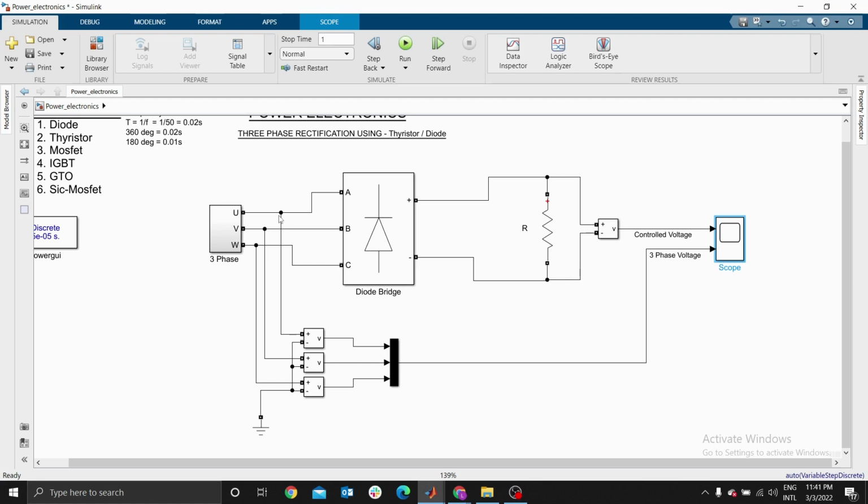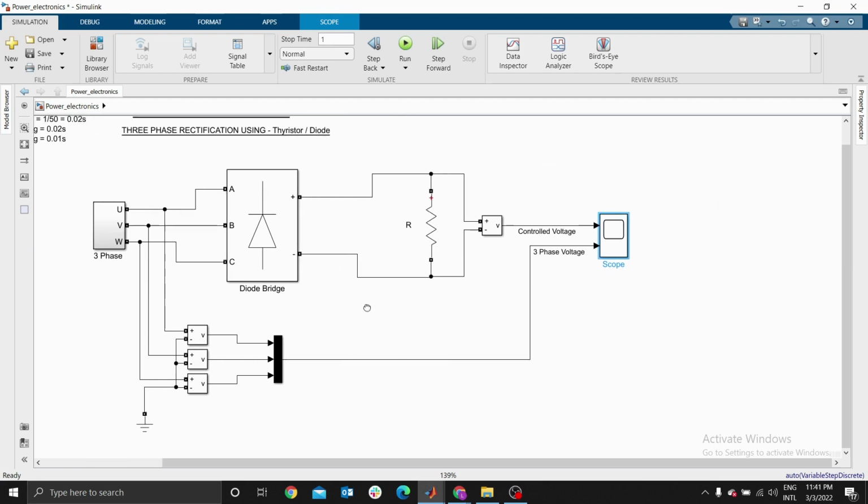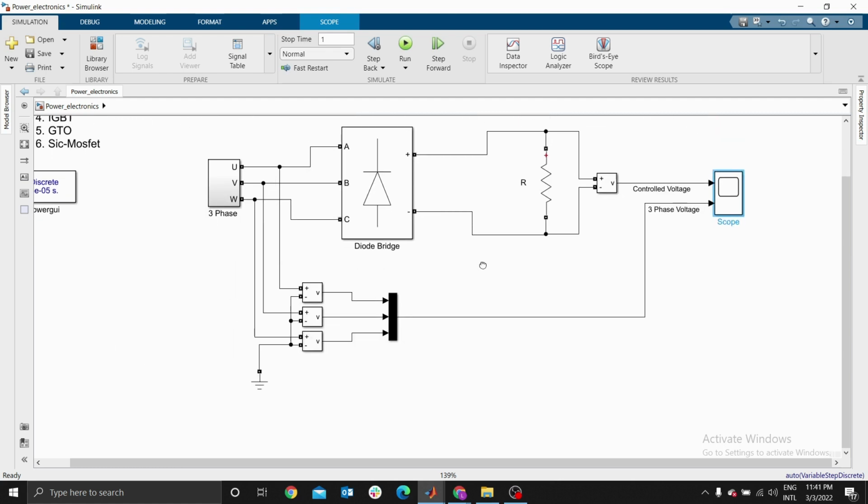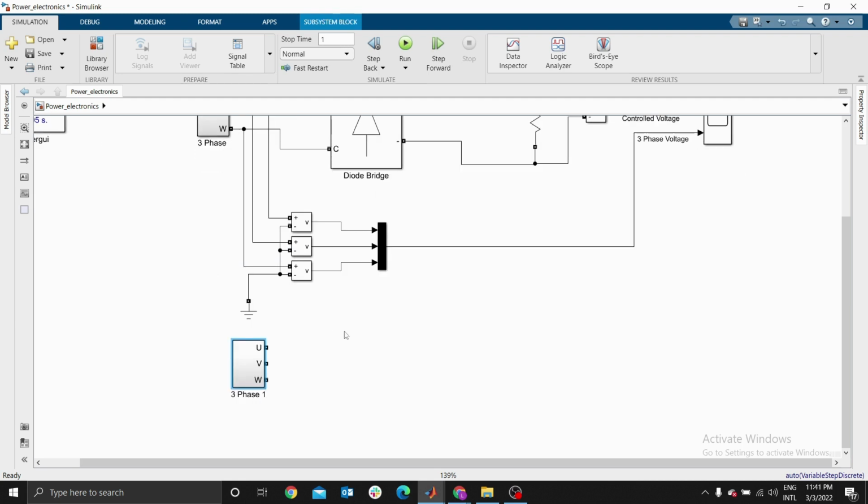Let's now use Thyristors and do the comparison. Therefore, for us to use a Thyristor, I want to delete this because I want to copy this here. Then I need to copy this. I need to copy this. Okay, let me just copy one by one.